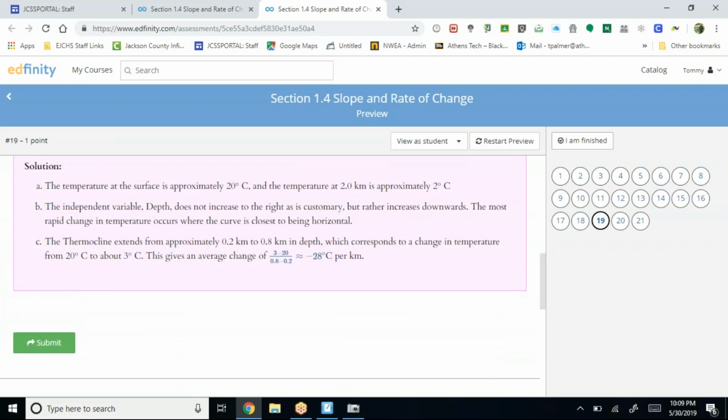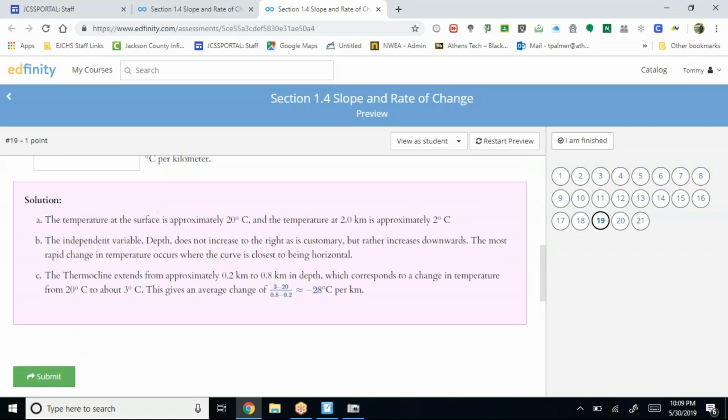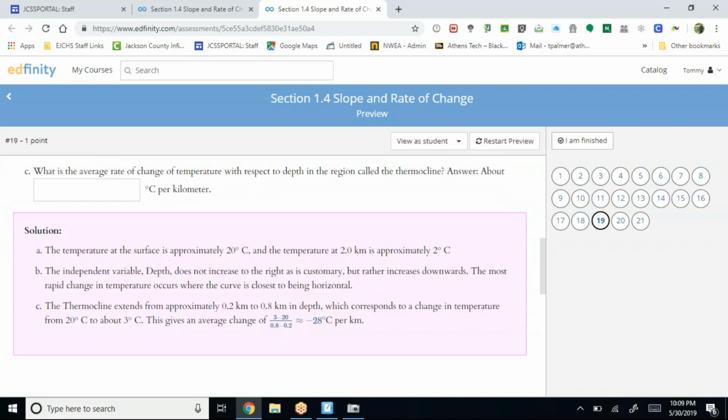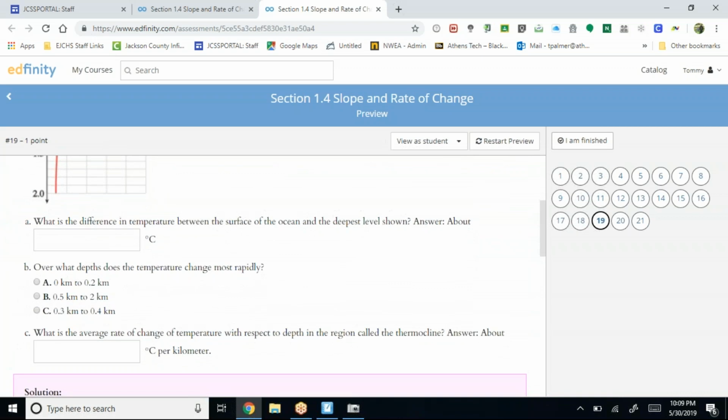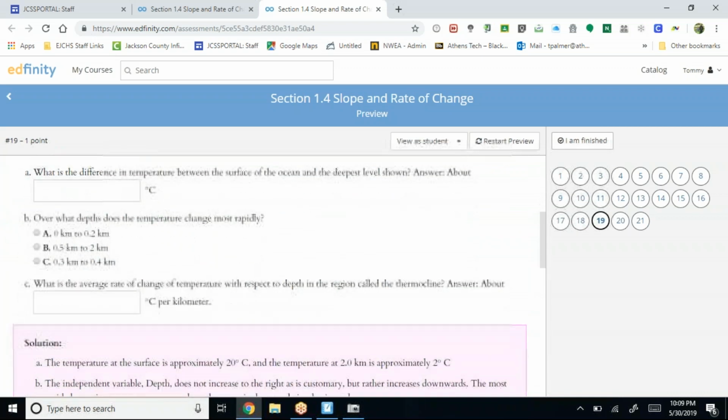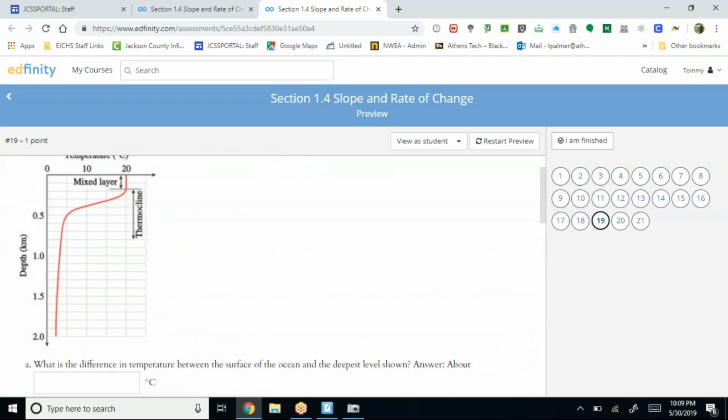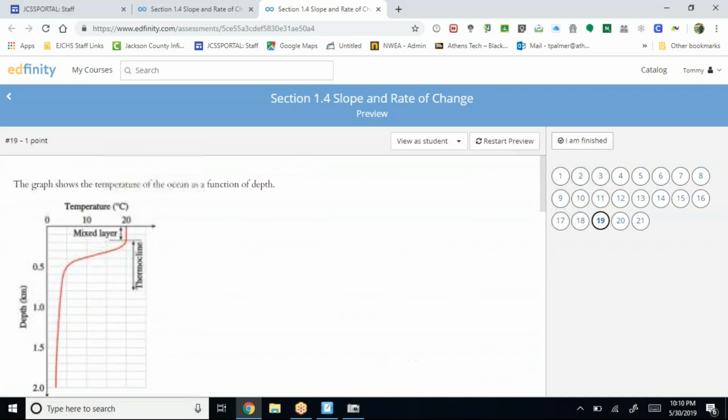We got the same numbers. They're wrong on this. That's the x-axis. Here's the y. Yeah, they've got problems on this one.